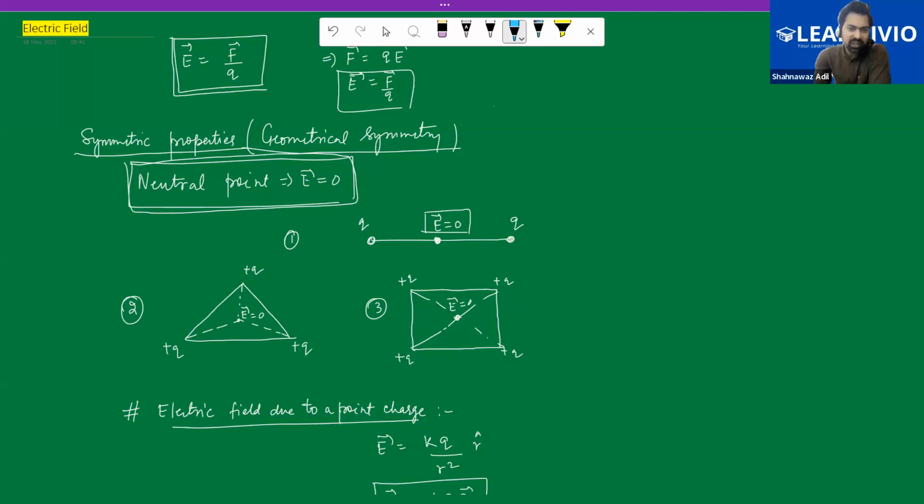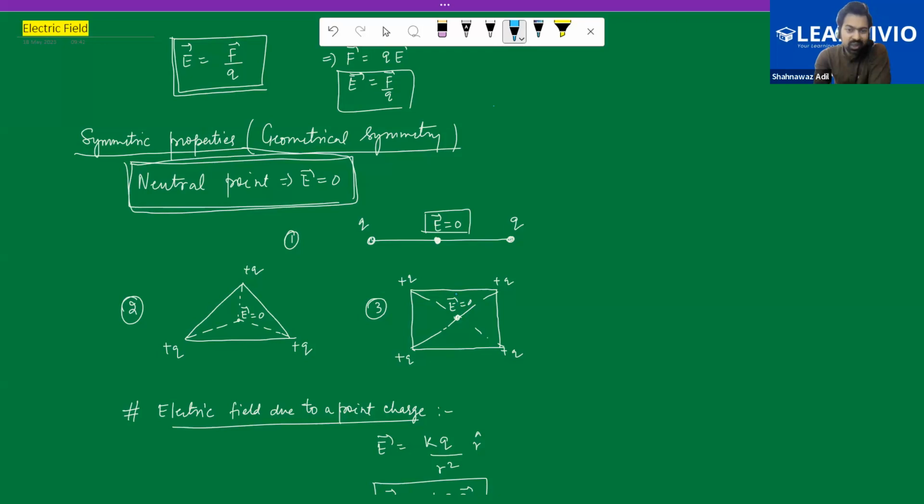But the charges should be equal. If there are different charges, then the answer would be different. But if the charges are equal, then at the geometrical center, the electric field is zero.